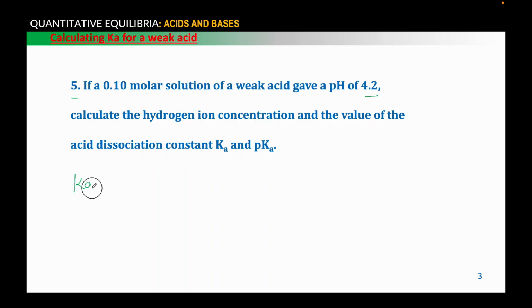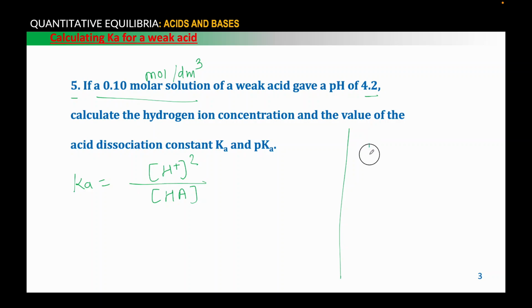Formula for Ka will be equal to H plus square over HA, for a general weak acid. Molar solution means mole per dm cube, so concentration is directly provided, but instead of H plus, pH value is provided. pH is equal to 4.2.